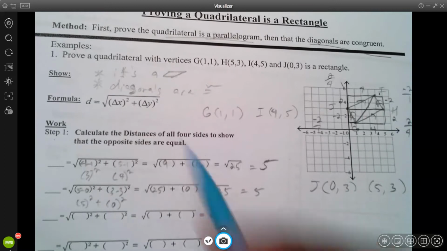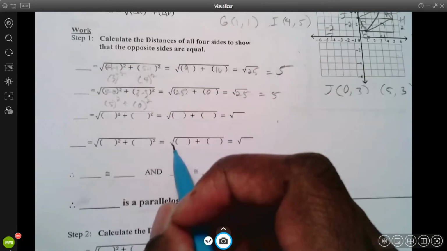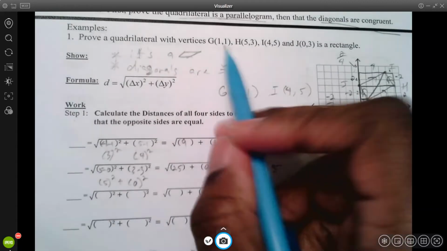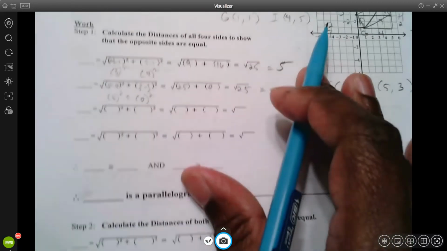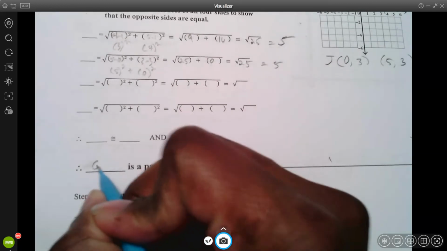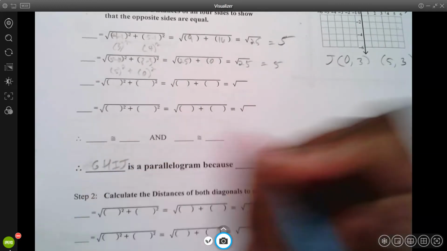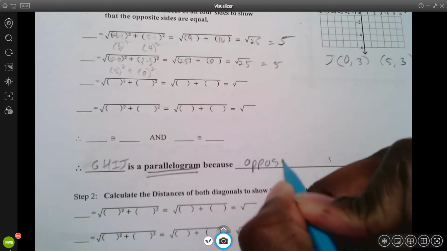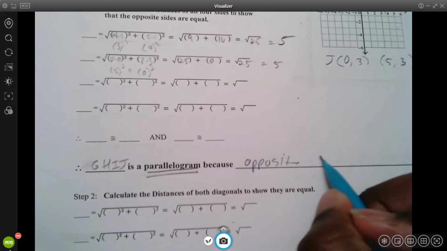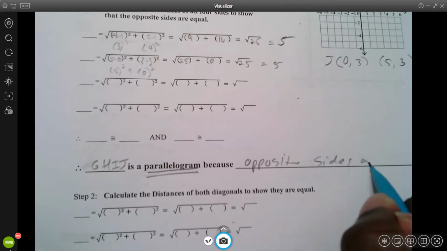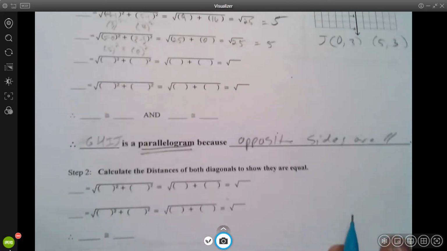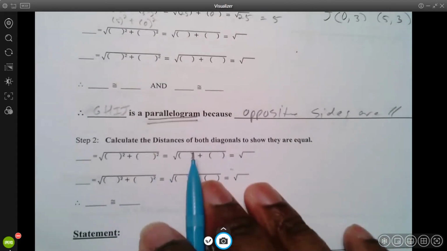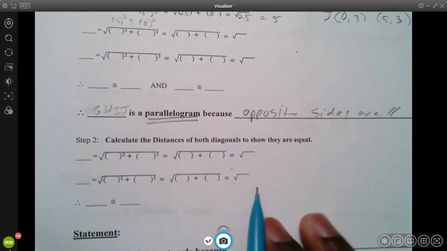So since it is a parallelogram and the diagonals are congruent, I can say that the shape, the letters are G, H, I, J. So GHIJ is a parallelogram because opposite sides are parallel. And then step 2 is calculate the diagonals. We already proved that they're both 5.